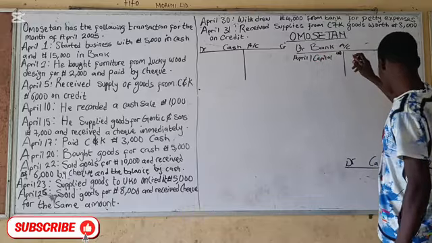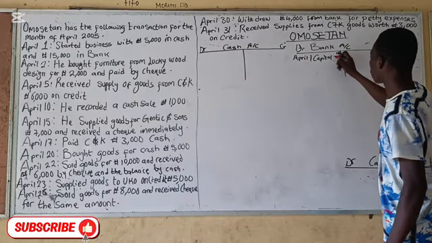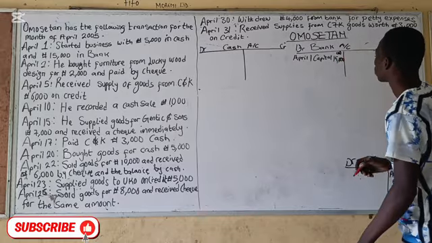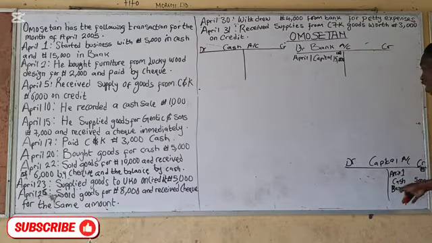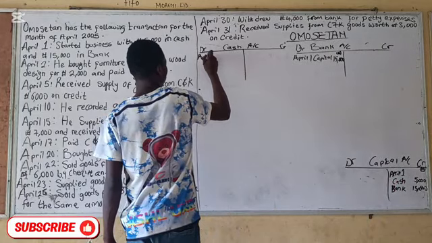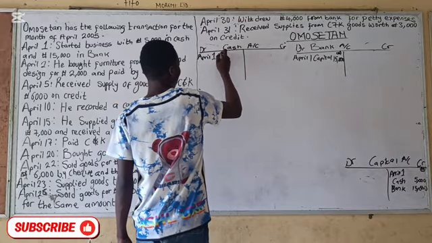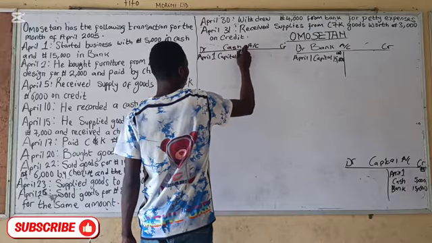What is the amount? 15,000 naira. Write it clearly, 15,000 naira. Now for the cash, we move here, April 1st, capital, 5,000 naira.